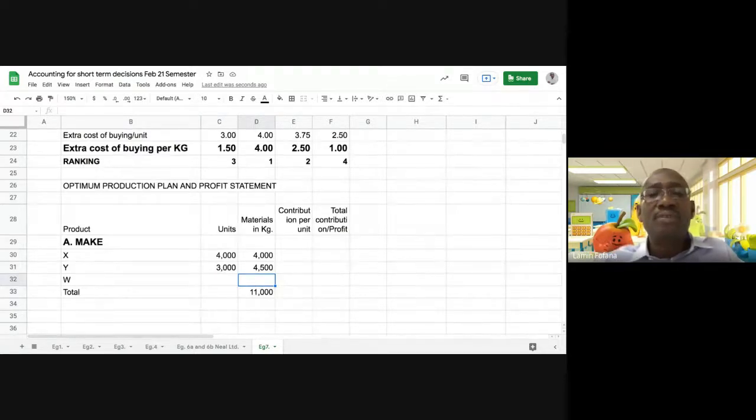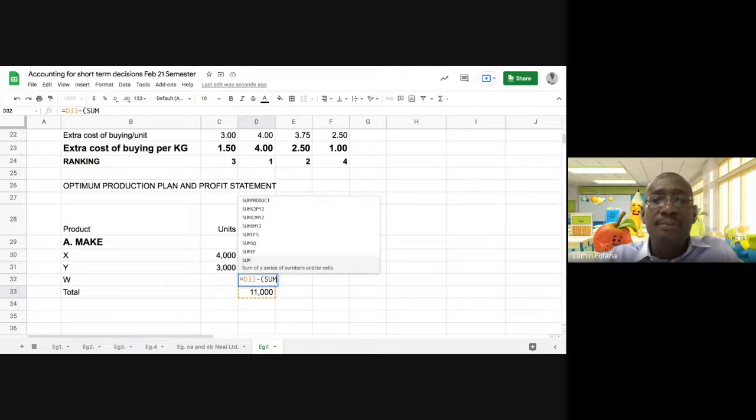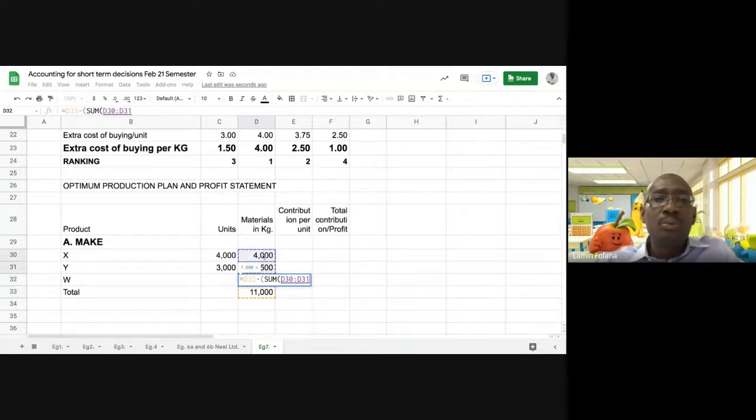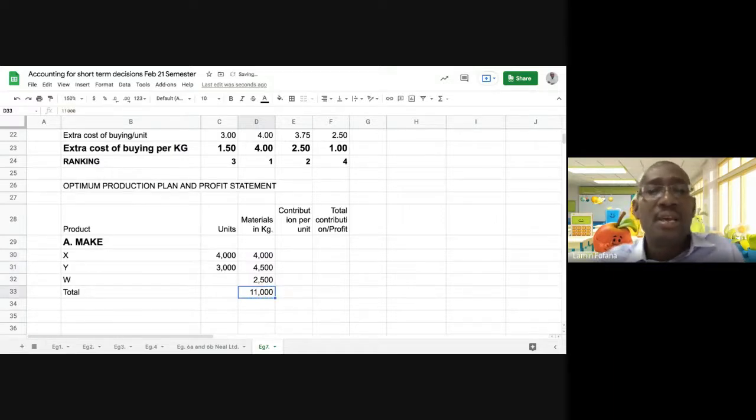So in order to calculate the number of kgs remaining, we say equals this total minus bracket opens the sum of these two. Bracket closes once, bracket closes twice, we enter. Okay? So what remains is 2,500 kilograms.